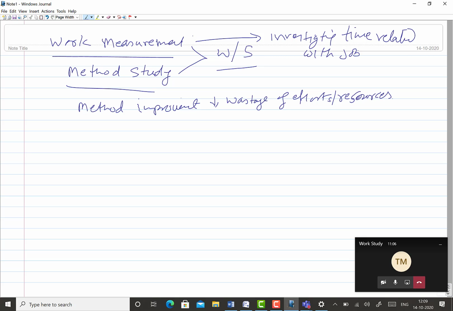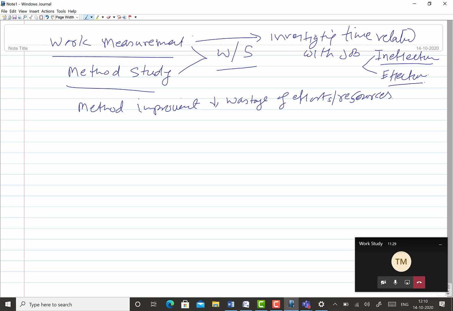So we are specifically able to quantify the time being consumed in ineffective activities and effective activities.